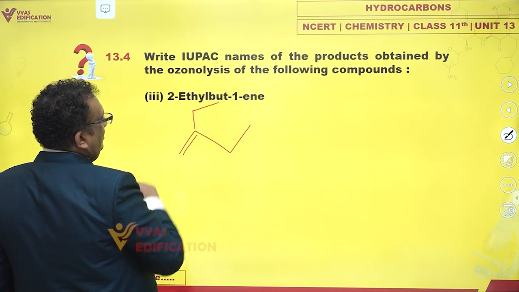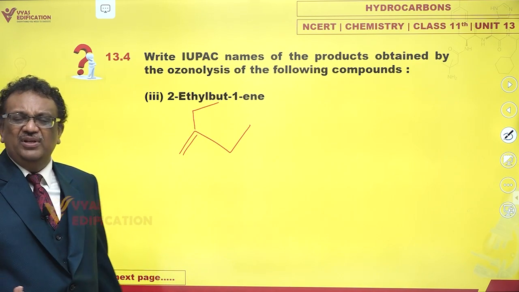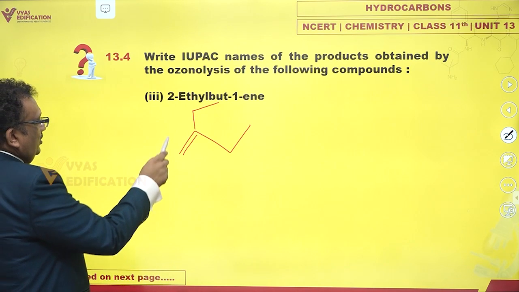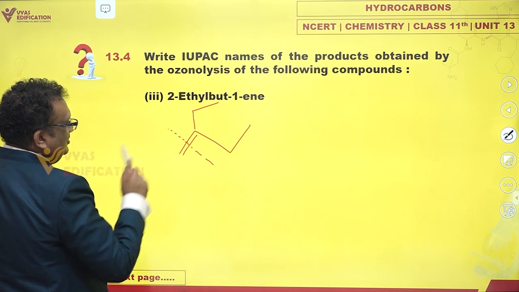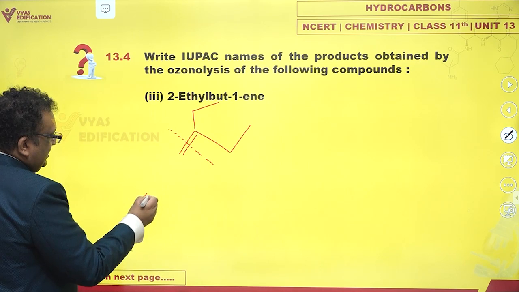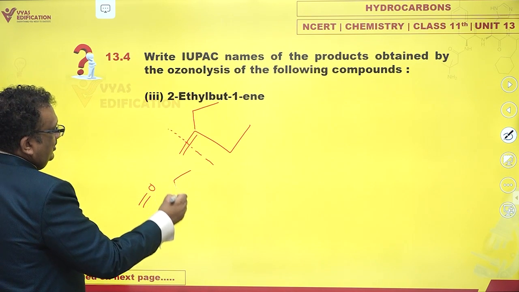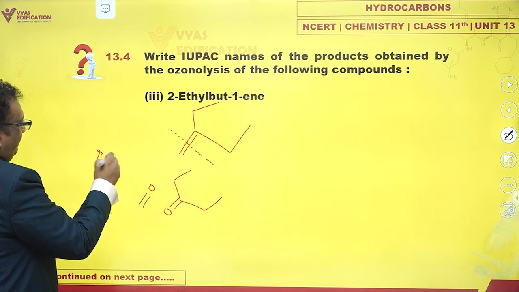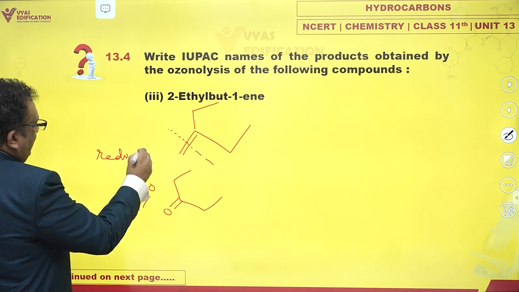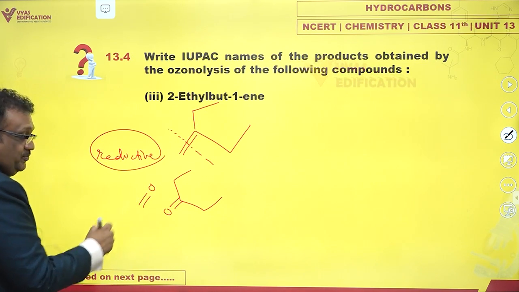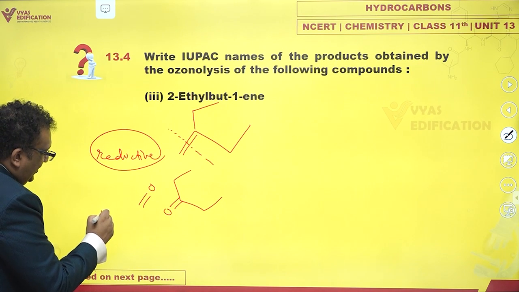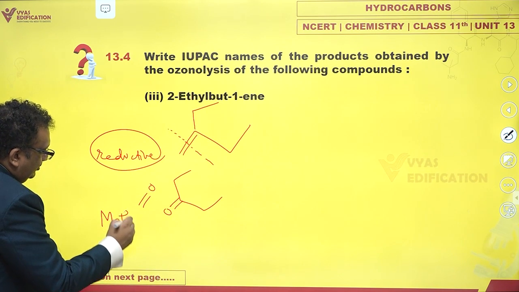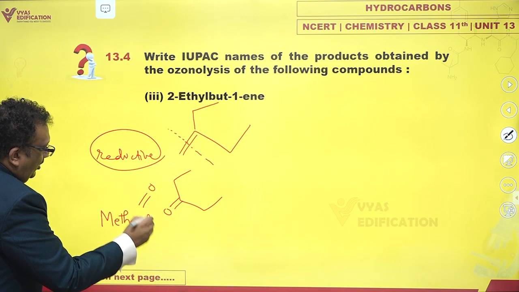But-1-ene and this 2-ethyl. Again, very simple. What do you do? Cut off the head like this. So I would obtain this and this. What is this? If I have reductive ozonolysis, I would obtain methanal or formaldehyde.